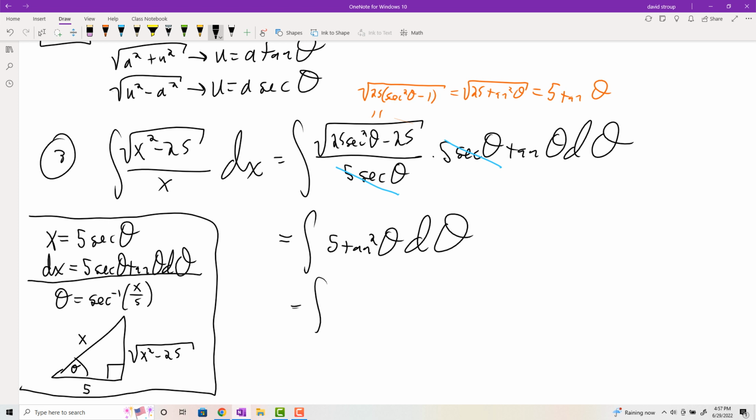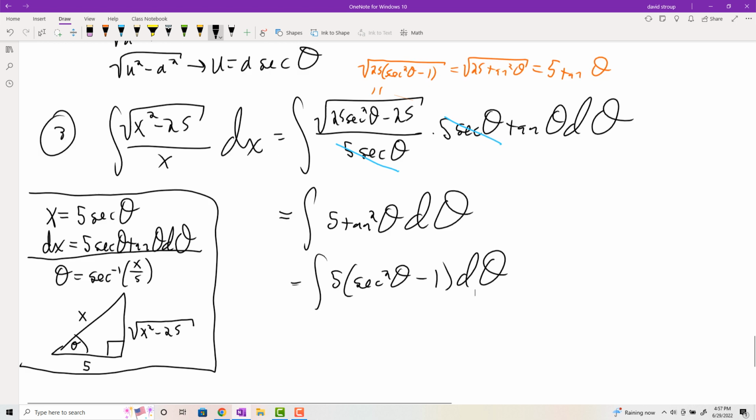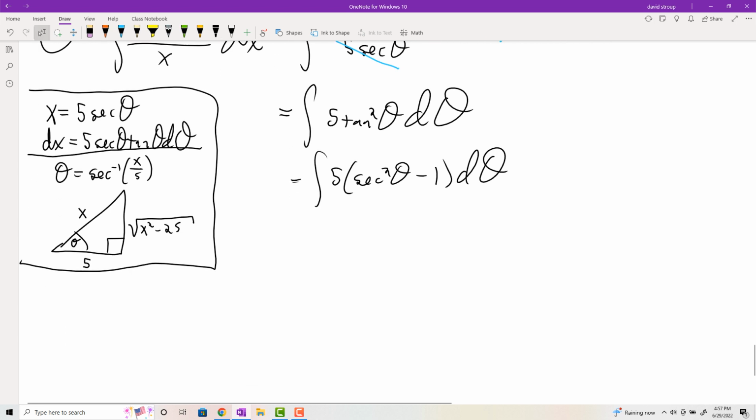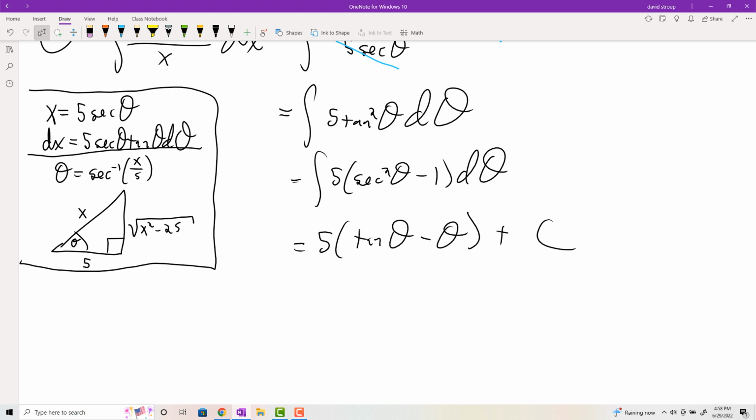Okay, if you got the last problem right, then you should get this problem. Tan squared, we're going to convert to secant squared minus 1 using another Pythagorean identity. And then we should be able to integrate those, right? So it'd be 5 tan theta minus theta plus c. I'll go ahead and distribute the 5. 5 times tan theta.